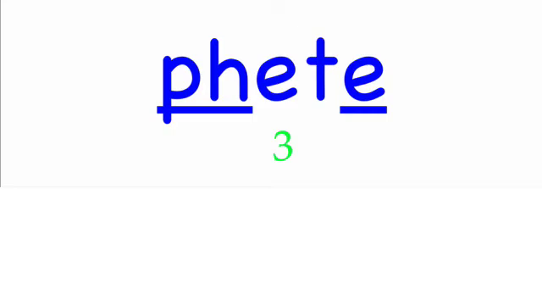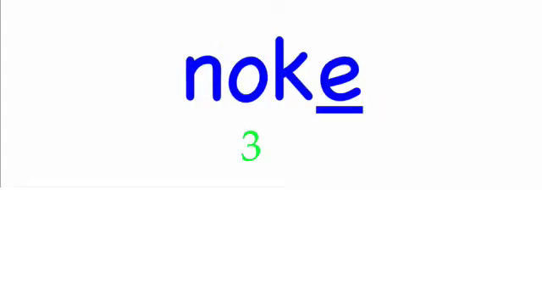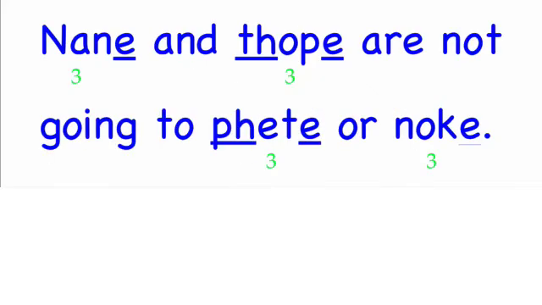We put a 3 under the first E to indicate that E is going to represent its long sound. And the final word in this sentence is noke. Noke. 3 sounds. N, O, K. Noke. Nain and Thope are not going to feet or noke.